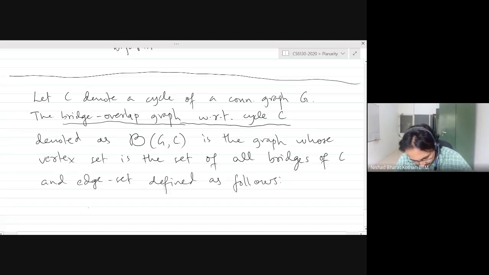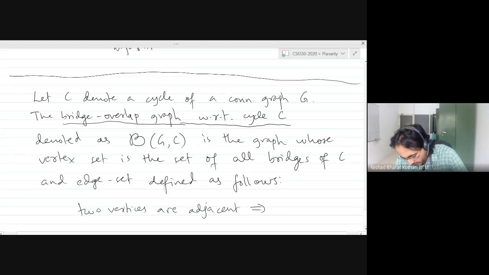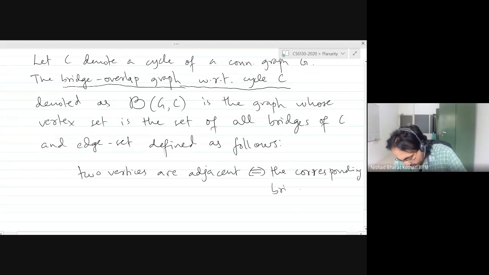Two vertices are adjacent if and only if the corresponding bridges overlap.